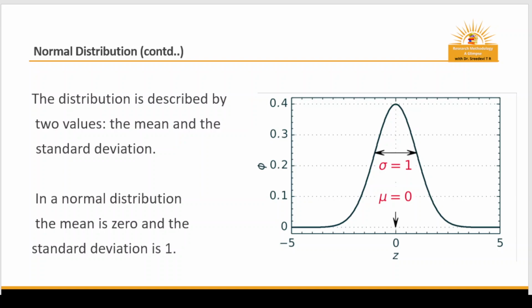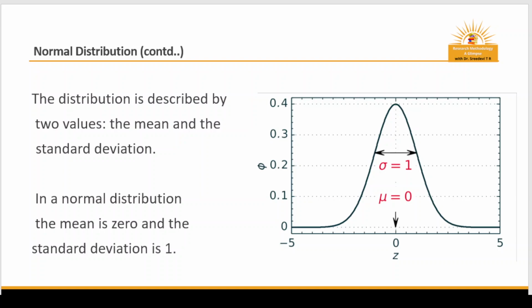Half of the area from the center to the right side is 50% and from the center to the left side is 50%. Total area under the curve is 1. So, mean and standard deviation are the two values related to this normal distribution.